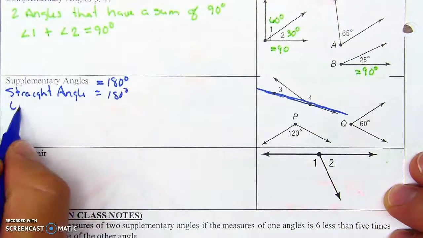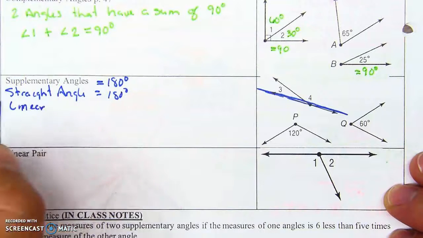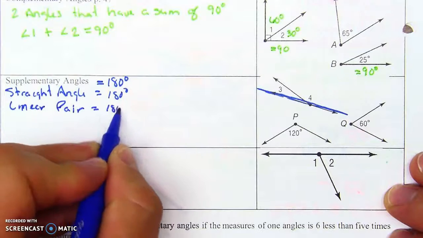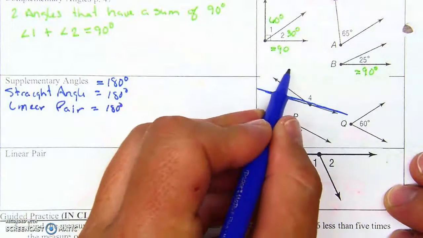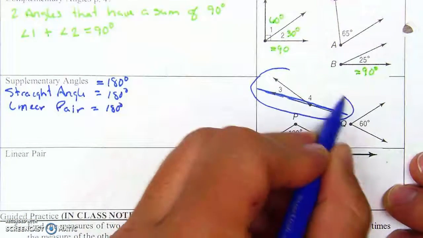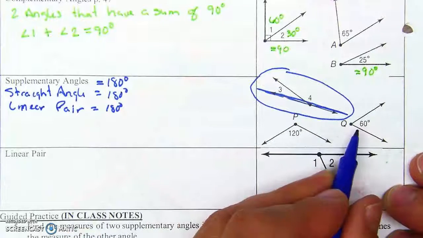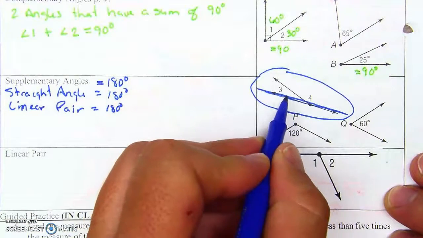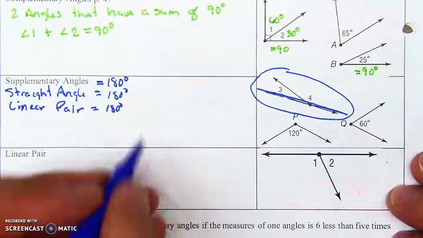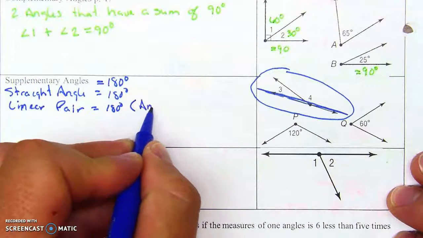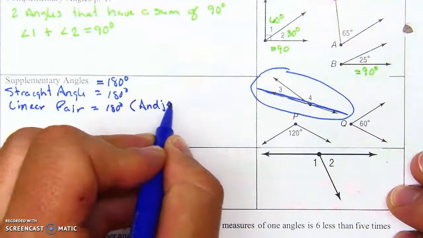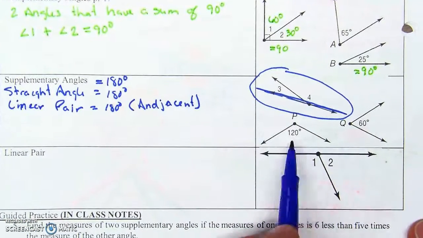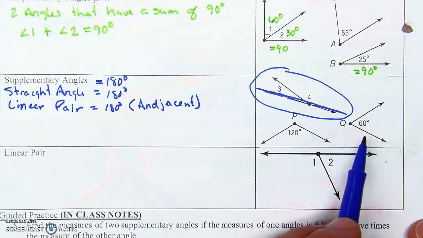We can also call this one a linear pair, again, because they equal 180 degrees. Now, notice that this one is considered to be a linear pair, but these two are not. The reason why this one is a linear pair is because they are adjacent to each other. Remember, that's the key word. These ones have to be adjacent.